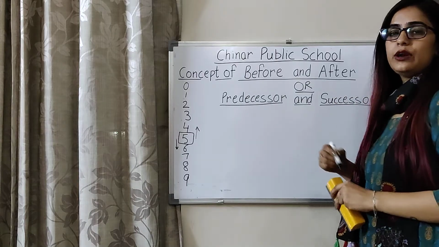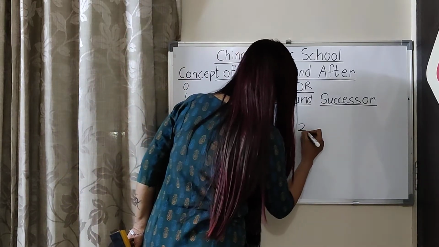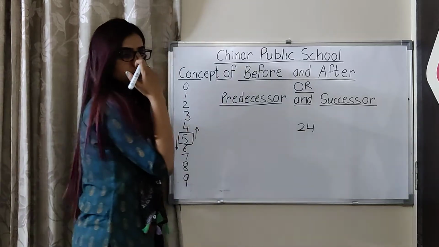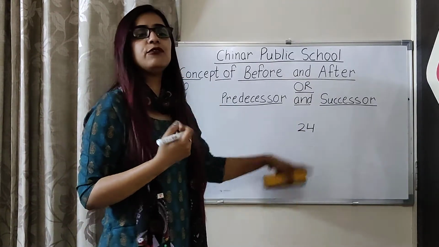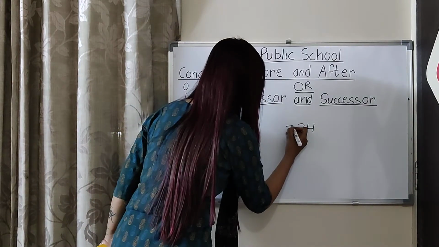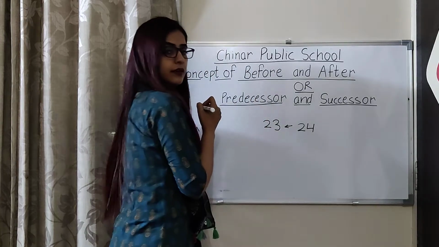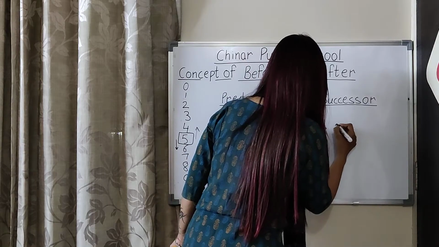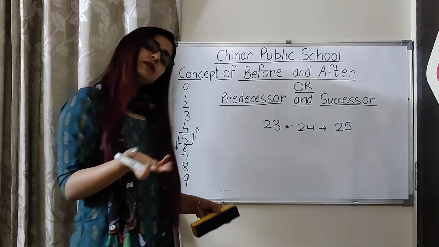Now let us try to understand the same with an example. So here is the number 24. Now what will be the predecessor of 24? Predecessor means पहले वाला number. So 24 का predecessor will be 23, right? And the successor of 24 will be 25. So the same thing we were doing.